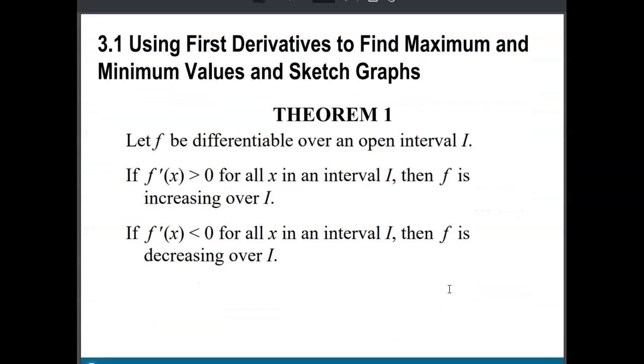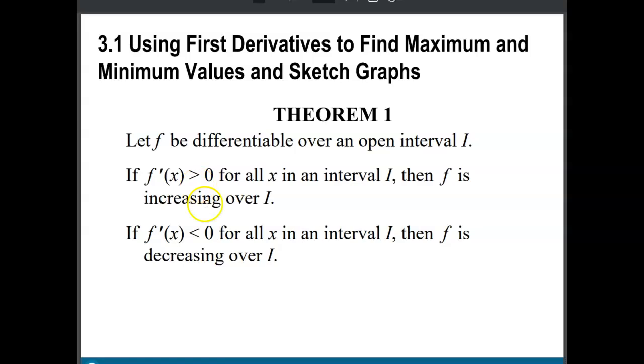All right. So how do we use our derivative rules to identify those properties of a graph or of a function? Assume f can be differentiated over an open interval I. If the first derivative of f is greater than 0, meaning positive, for all x in that interval, then f is increasing.